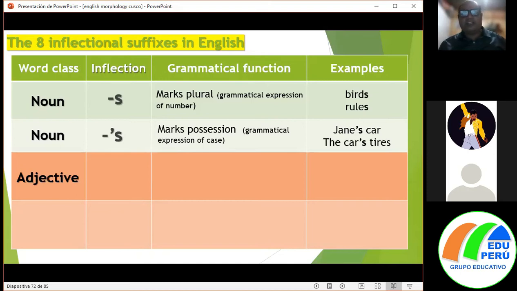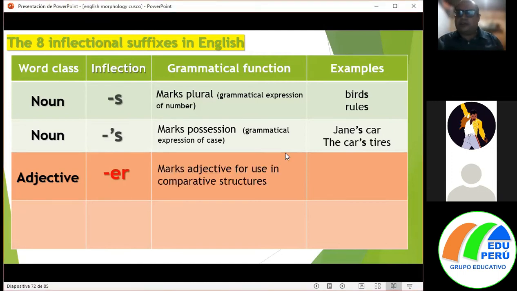what about the adjectives? Notice here, in adjectives, we also use inflections. We have 2 cases, for adjectives and also adverbs. Here we have ER. Notice that we use ER to compare, comparative.